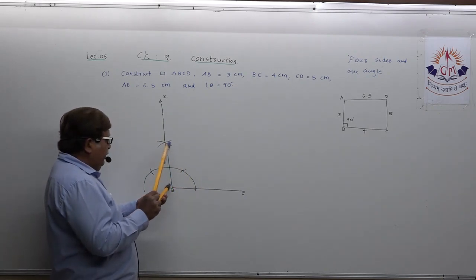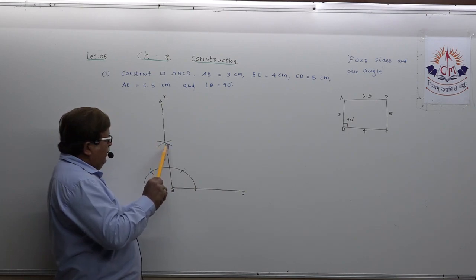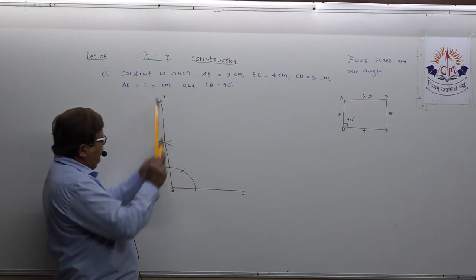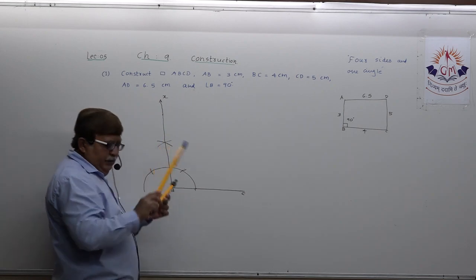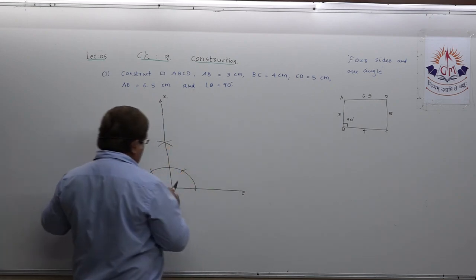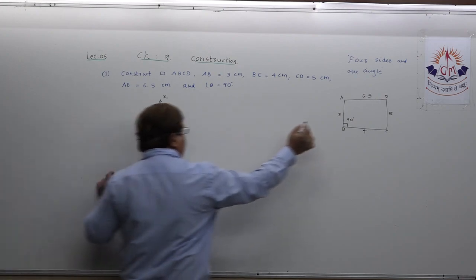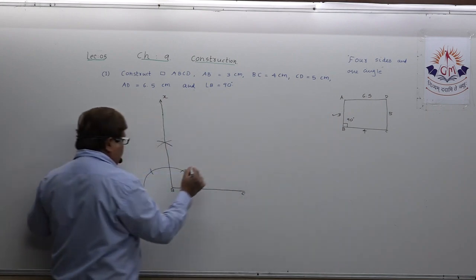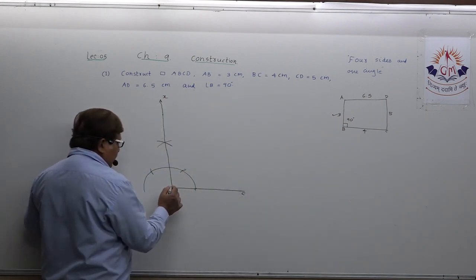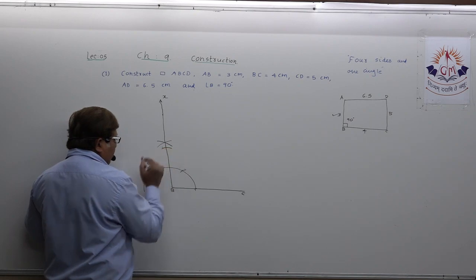Now center your compass at B and make an arc to intersect ray BX. Okay, I am doing it here. Taking radius of 3 centimeter and centering compass at B, one arc is drawn to intersect this ray.